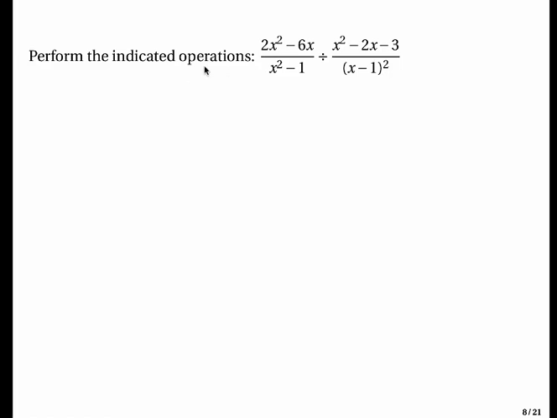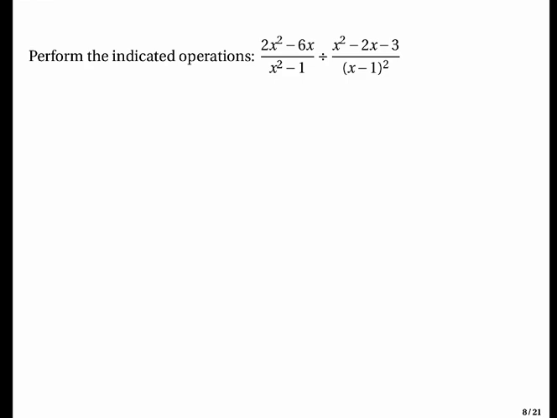Next problem. Again, we want to perform the indicated operations. So we have 2x squared minus 6x over x squared minus 1 divided by x squared minus 2x minus 3 all over x minus 1 quantity squared. So first, what we're going to do is rewrite this as a multiplication.